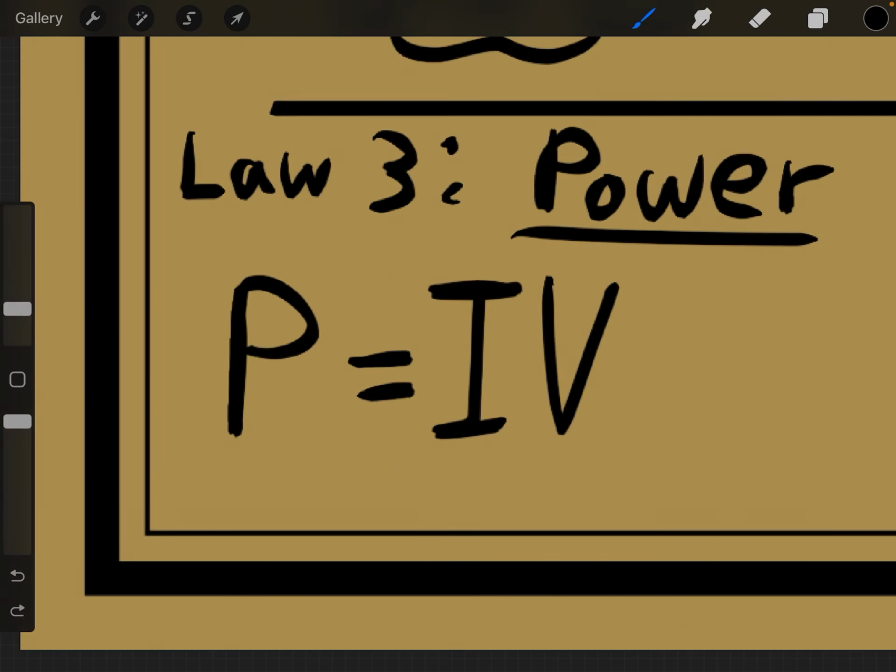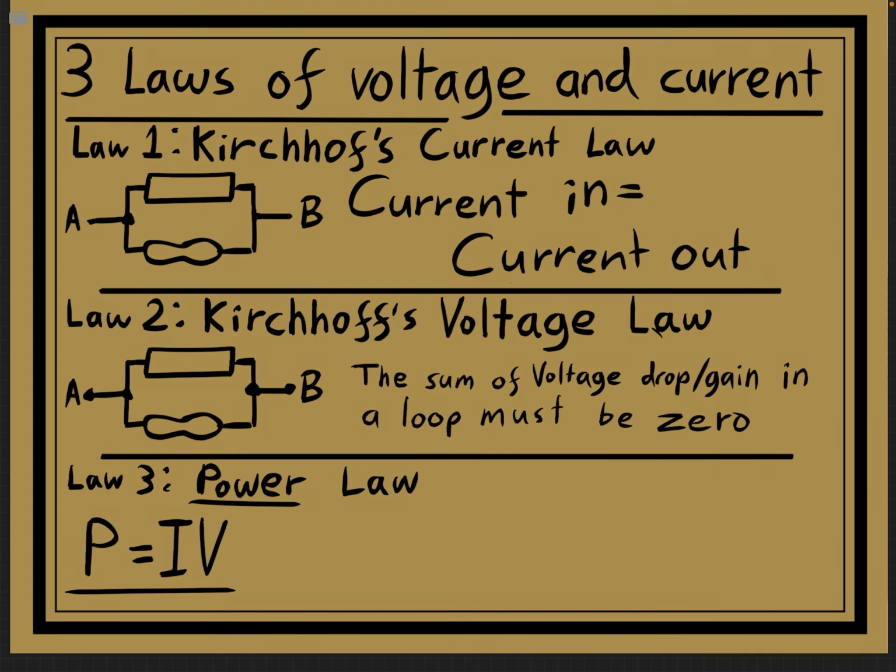Which brings us back to our power law. The power used or lost by any device is equal to the voltage across it multiplied by the current going through it. And those are the 3 laws that you need to know about voltage and current.